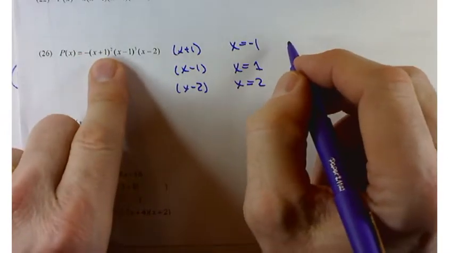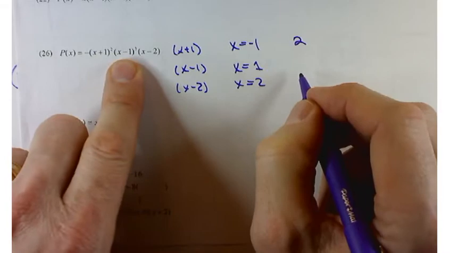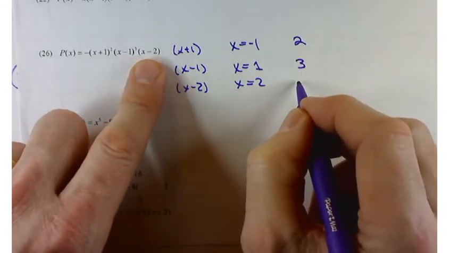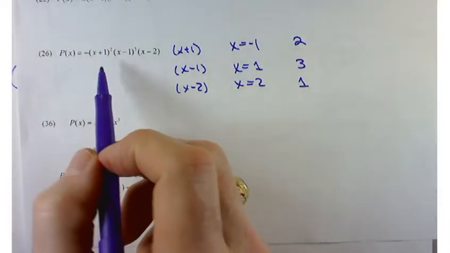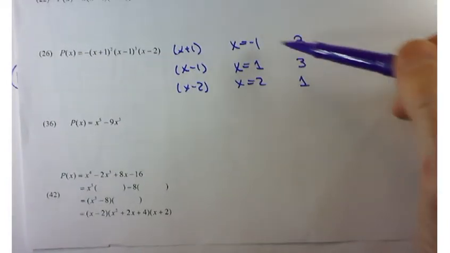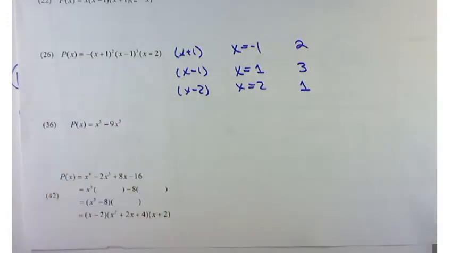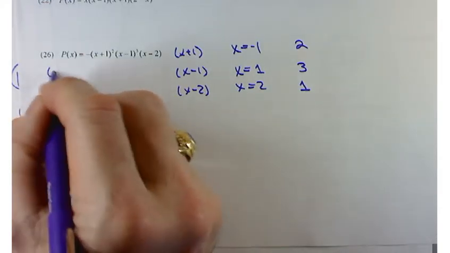All right. So at -1, you have a multiplicity of 2. What about at positive 1? 3 and 1. Now, if I multiply this all out, 2 times 3 times 1, I'd have a 6th degree polynomial. So 6th degree.